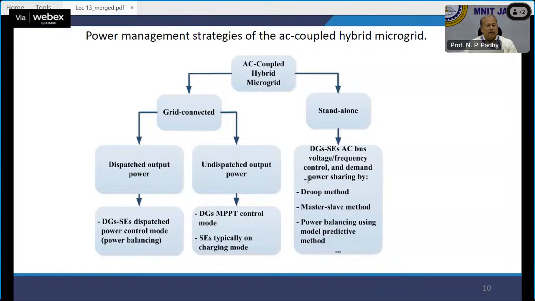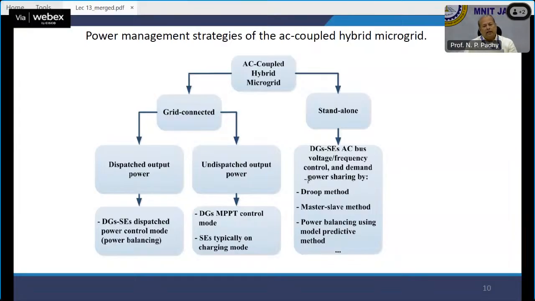In case of undispatched output power, DGs are in MPPT control mode. DGs operate in MPPT mode, and the ACs, the energy storage devices, are typically on charging. So we are talking about what mode my storage and DG operate in, in a particular control mode.